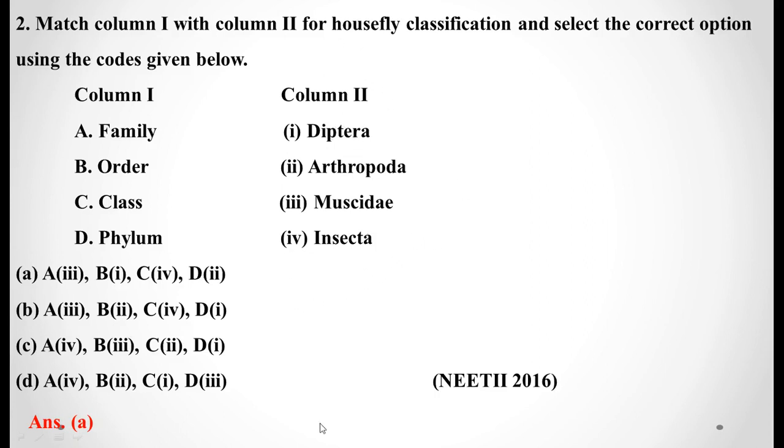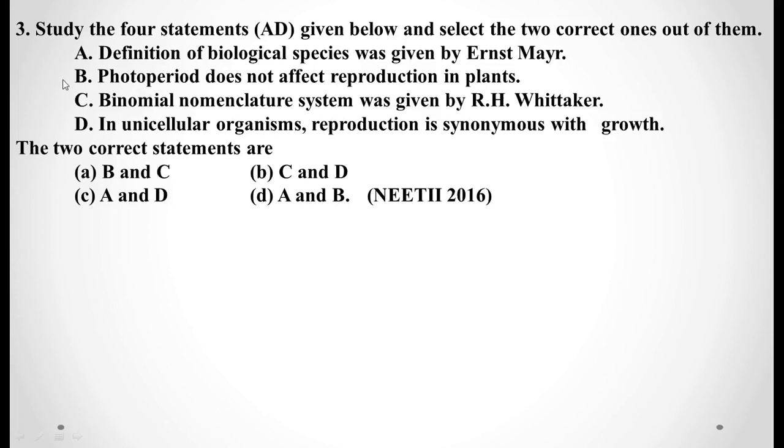The next question is: study the 4 statements A to D given below and select the 2 correct ones out of them. So there are 4 statements A to D. You have to select 2 correct ones.